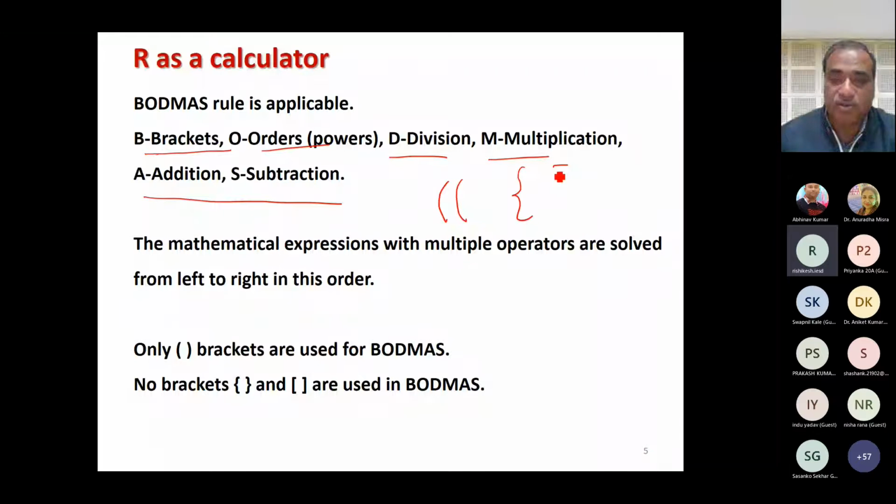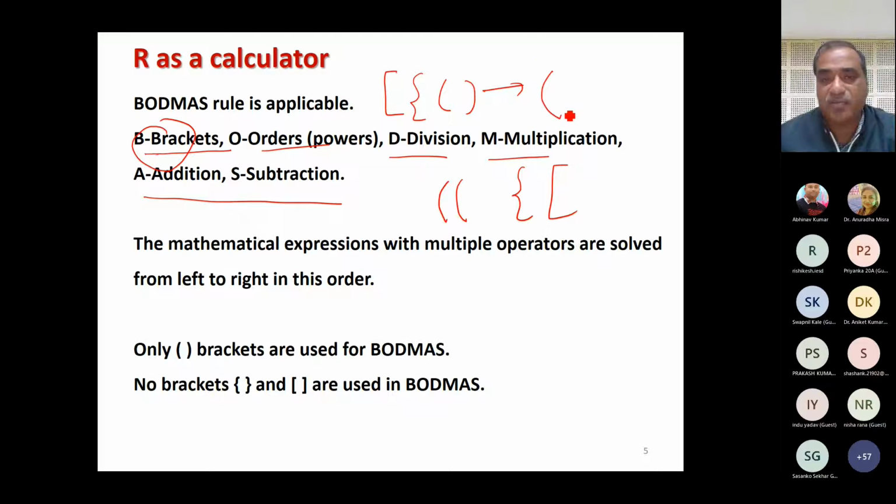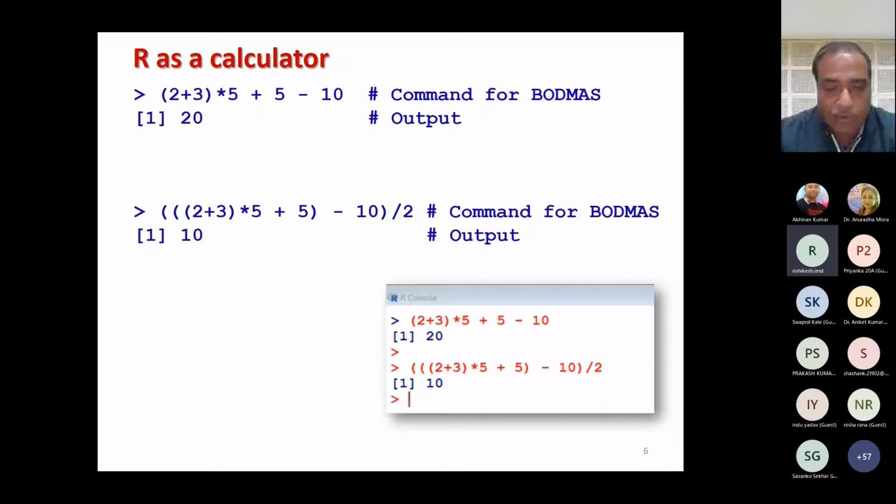The curly bracket or the square bracket have different roles. In the usual mathematics, the square bracket is opened first, then the curly bracket, and then the parenthesis. But here, everything is controlled only by one symbol, the parenthesis. If I want to give this type of operation, I have to use it like this. Whatever I want to do, I can do it.